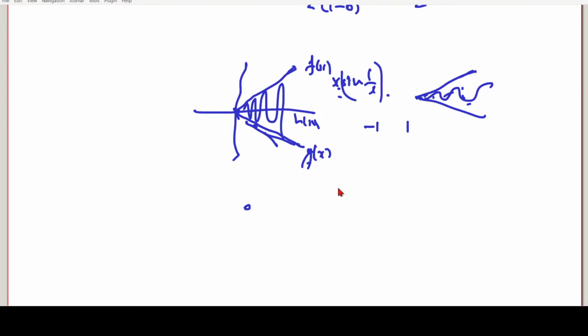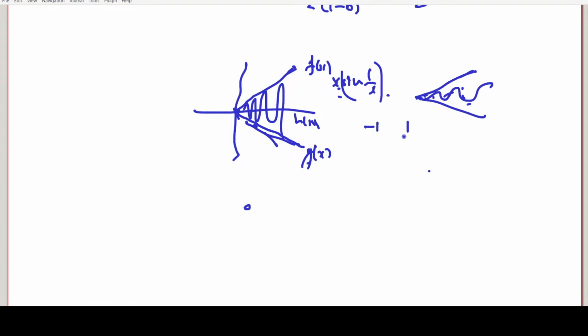We will discuss this again in more detail: the continuity and the differentiability of these functions. This x sine 1 by x and x squared sine 1 by x are very important. Just read about these functions in your book. It is not so straightforward.